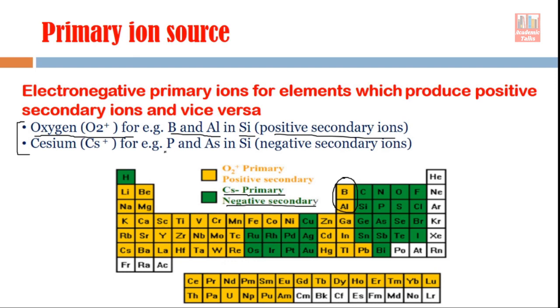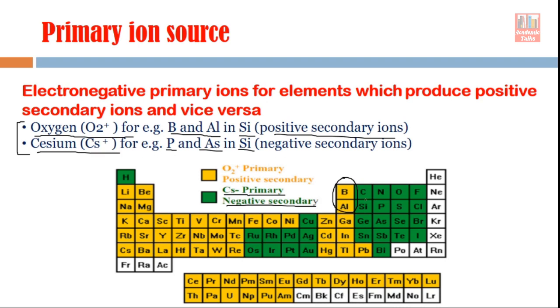And if we have to detect phosphorus and arsenic in silicon, so phosphorus and arsenic are an impurity in the silicon, and if we have to characterize that kind of sample, we first have to identify whether phosphorus and arsenic are present there, and then we also have to estimate how much is their concentration in the silicon. So if we want to perform that kind of task, then we have to choose cesium ion as a primary ion beam.